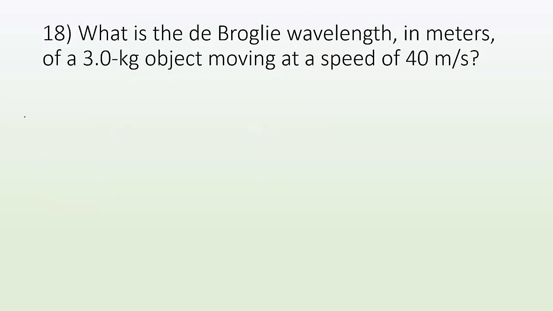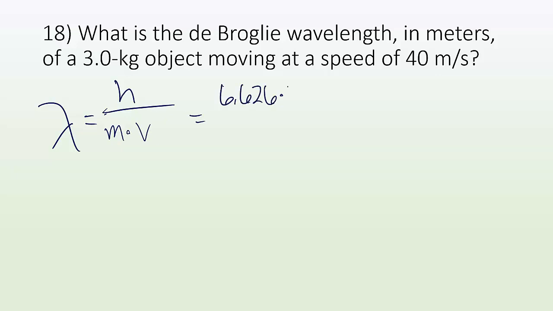18. What is the de Broglie wavelength in meters of a 3.0 kilogram object moving at that speed? So again, I know that the wavelength equation is going to be equal to Planck's constant over the mass times the velocity. So now I just plug it in. I know h is 6.626 times 10 to the minus 34 joule seconds, all over 3.0 kilograms.